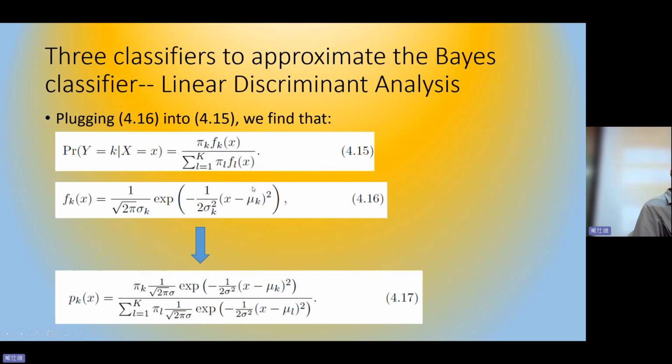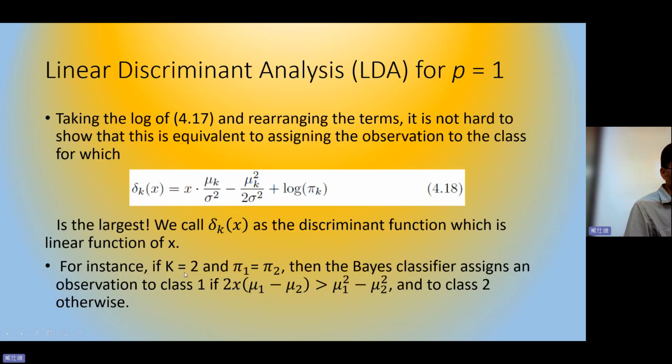So I just made some slight modification. Here I show you that we can plug in equation 4.16 into 4.15. This is just the process of transformation. Finally, we can get the formula of p_k(x), and then we can use the maximum likelihood approach to find the maximum of delta_k(x).